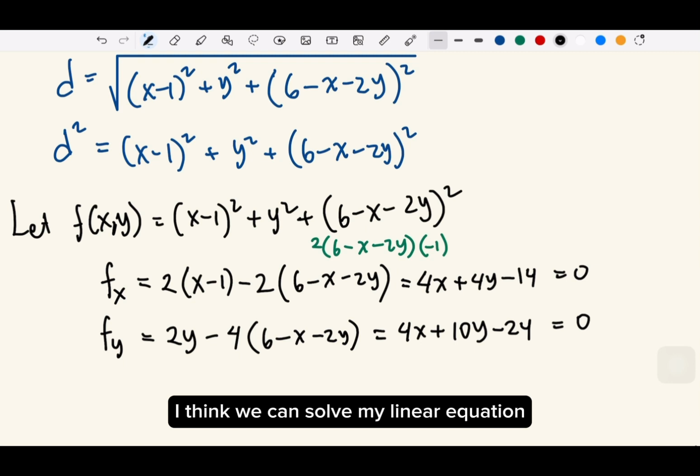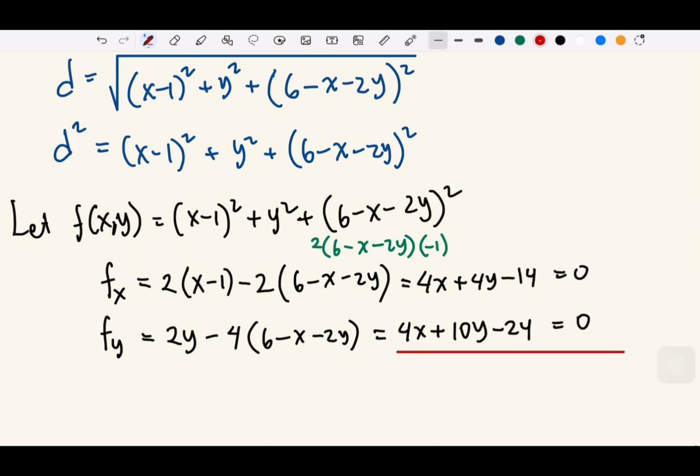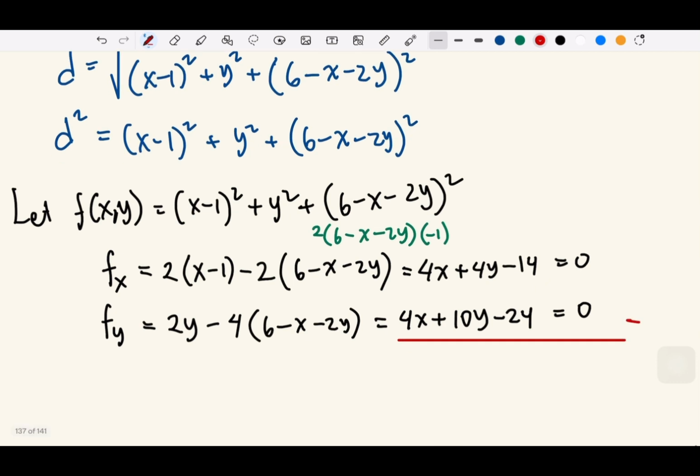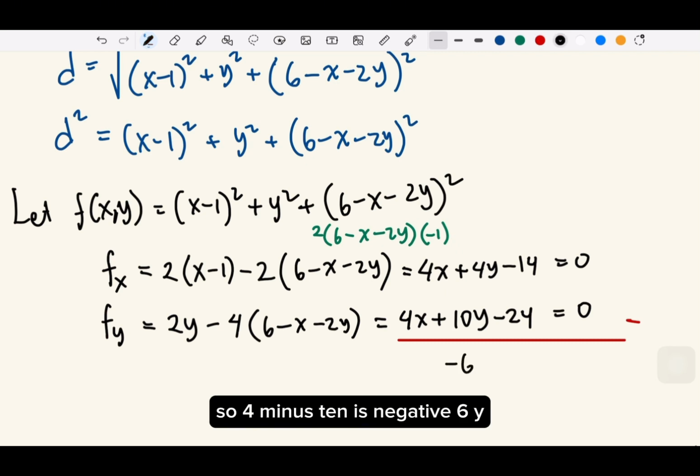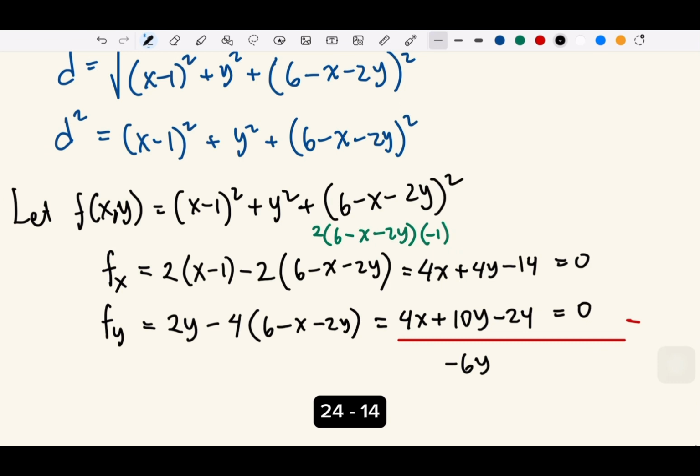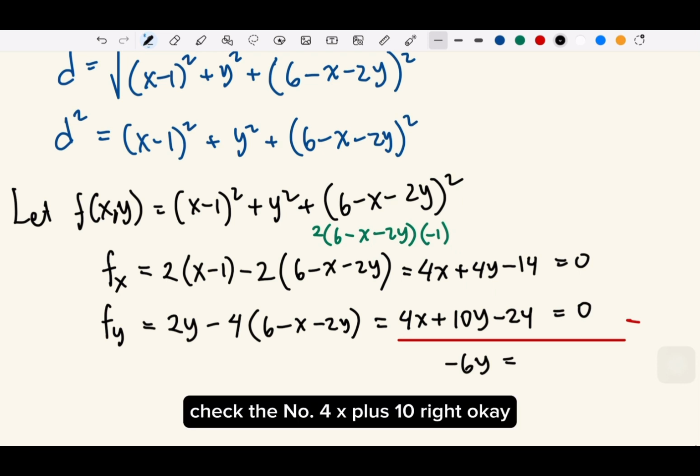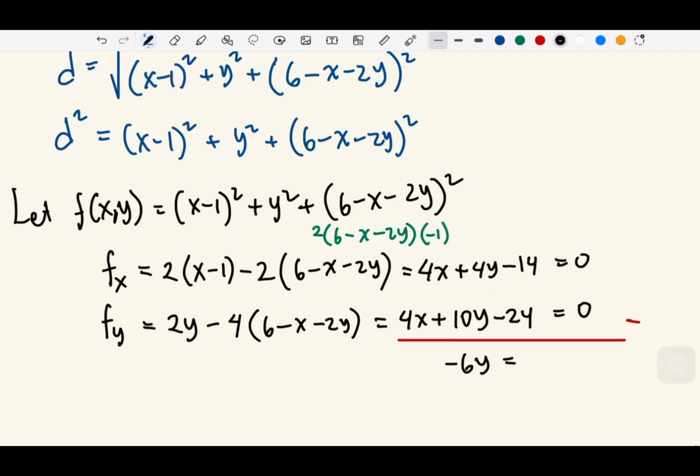I think we can solve by linear equation. Okay, so we can subtract this. So 4 minus 10 is negative 6y. 24 minus 14. It's 10, right? Or no, 10. Let me check the number. 4x plus 10y, okay. So it's 10, right?